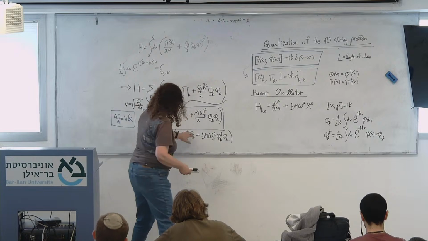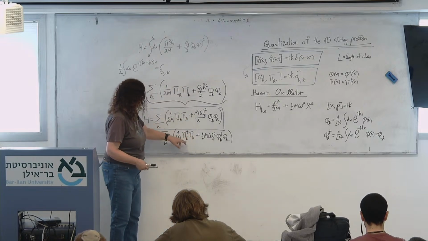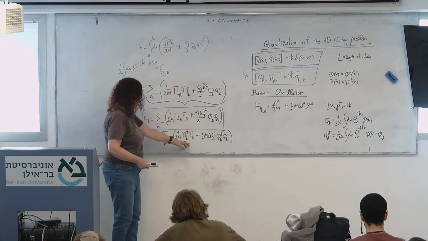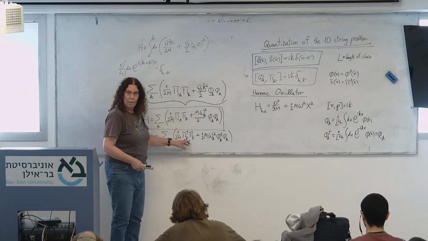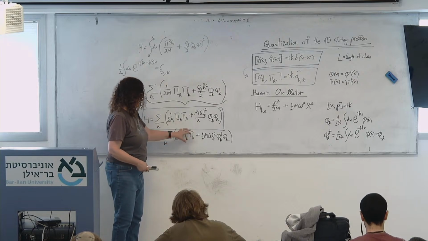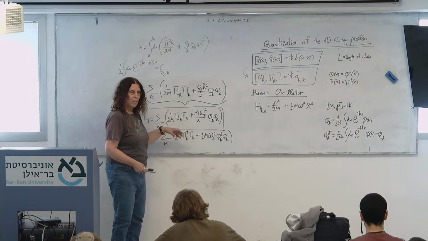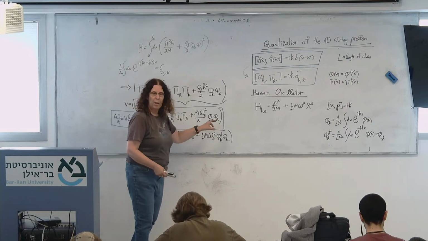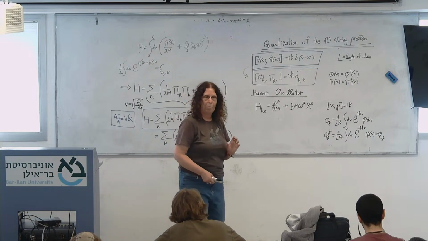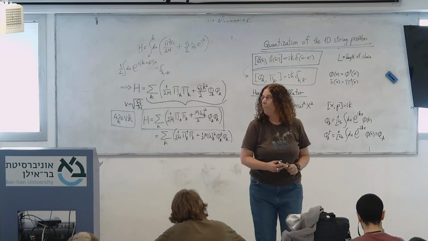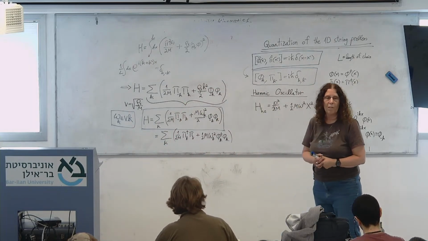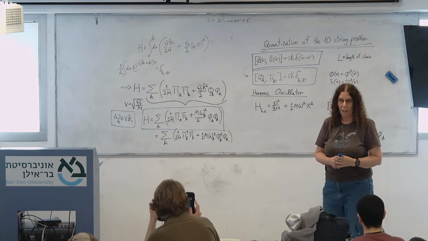But you can write it as a sum over a single k, and in each k it's a quadratic form that has pi dagger pi and phi dagger phi, so it reminds very much of the expression for the harmonic oscillator with a dagger a.